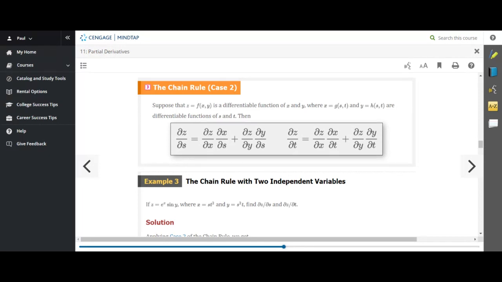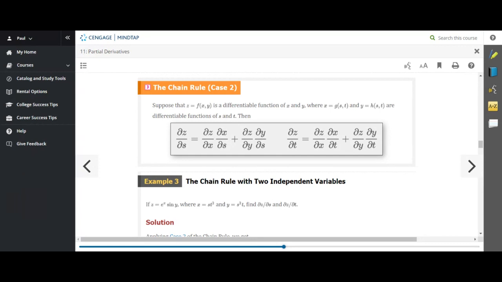Now, these chain rules deal with first partial derivatives. What if you wanted a second partial derivative? Well, I can tell you it's complex to do.